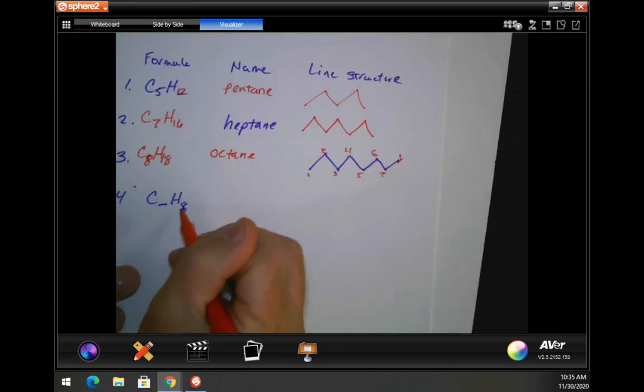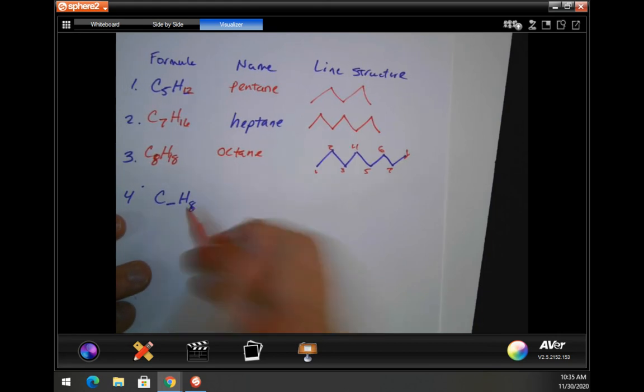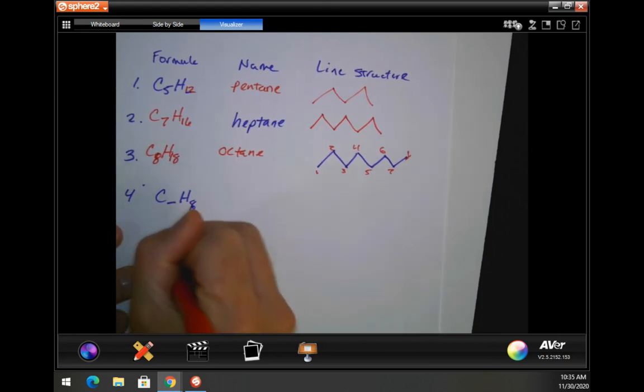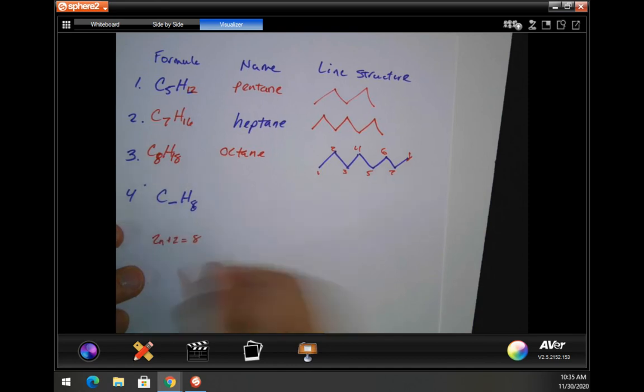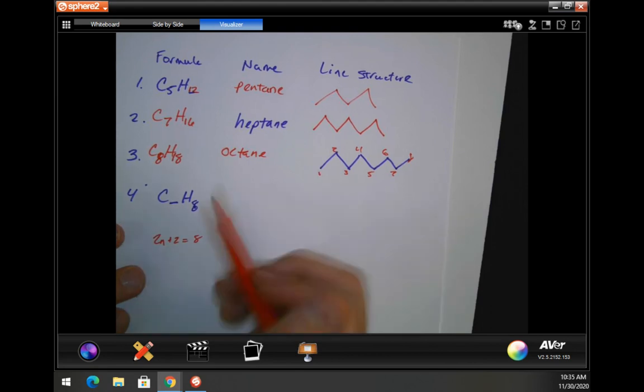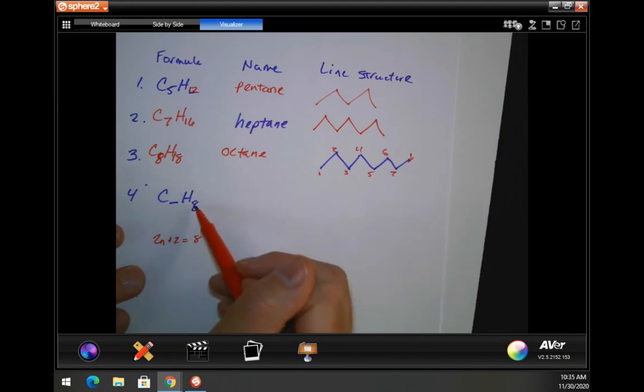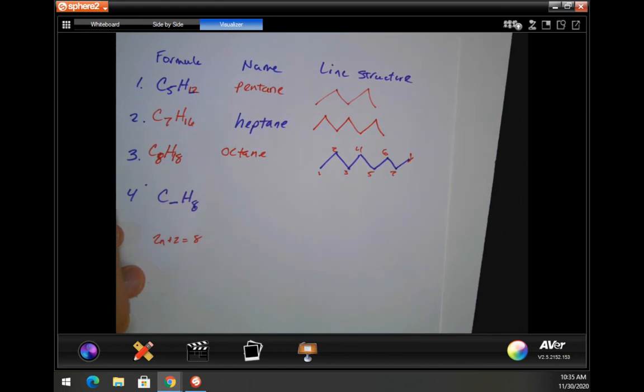Now, on this one, you've got to do a little reverse. If you want to do the whole 2n plus 2 equals 8, that's fine. Here's an easier way. If you just think about it, I know it can't be 4, so just go 1 less. Split it and then move 1 number down.